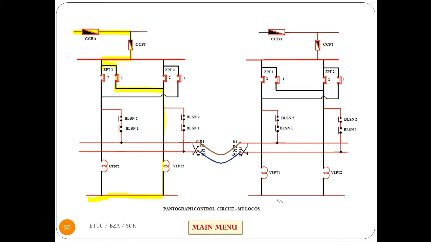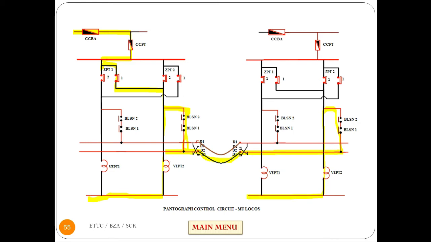So whenever VEPT2 gets open circuited, the VEPT2 electrovalve de-energizes, thus air will exhaust at VEPT2, so that your trailing loco Panto will lower. Again, if you operate the BLSN to its normal position, the up position, the supply will again go like this to the trailing loco VEPT2, and again your Panto will rise.